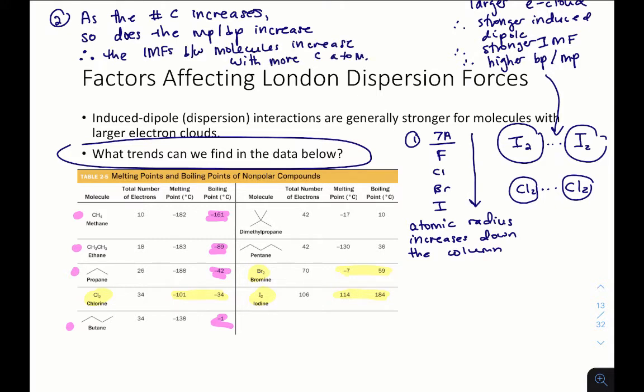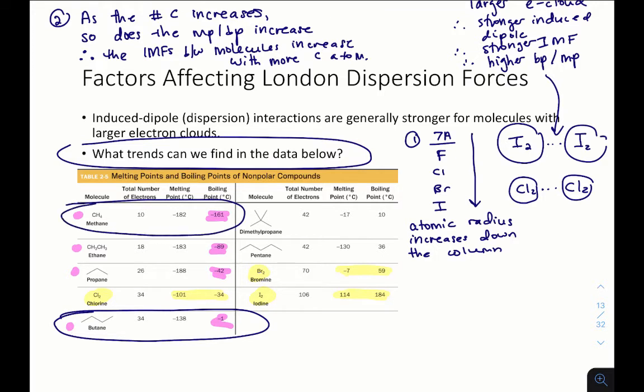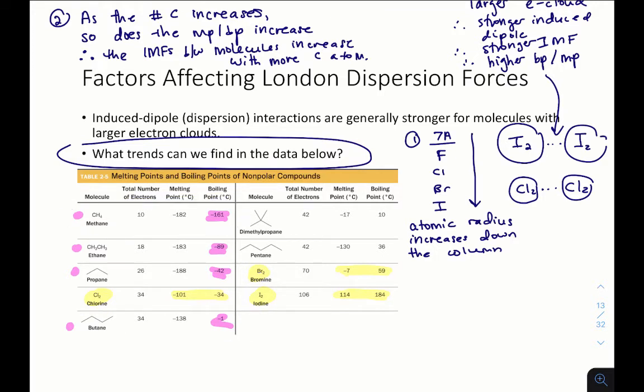We suspect that this is related to larger electron clouds for butane with 4 carbon atoms compared to methane with 1 carbon atom. More electron cloud, more places for these induced dipole interactions to occur, and overall stronger intermolecular forces.